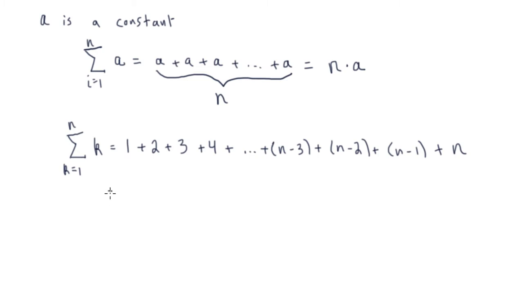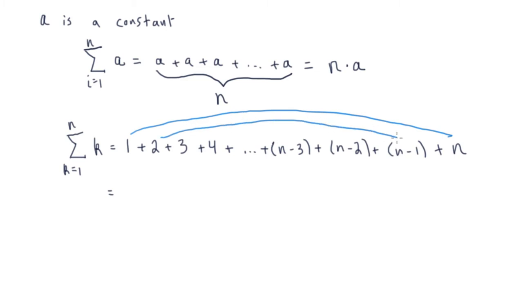So here's what I'm going to do. I'm going to pair 1 with n, 2 with n minus 1, 3 with n minus 2, 4 with n minus 3, and so on. So what are we going to have?